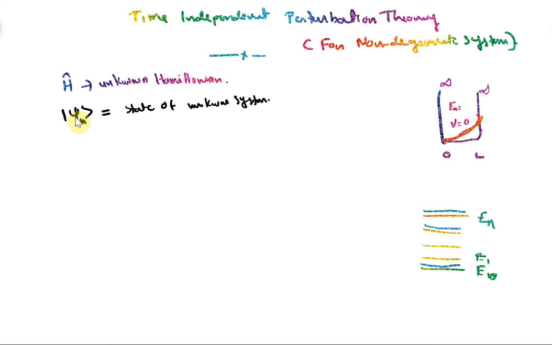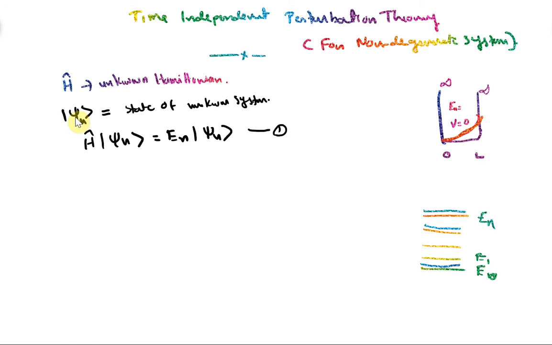Now what is the Schrodinger equation here? It's a time independent wave function because we are dealing with the time independent form of the equation. So H cap acting on psi n will give you an eigenvalue, En. This is the Schrodinger equation of our unknown problem.